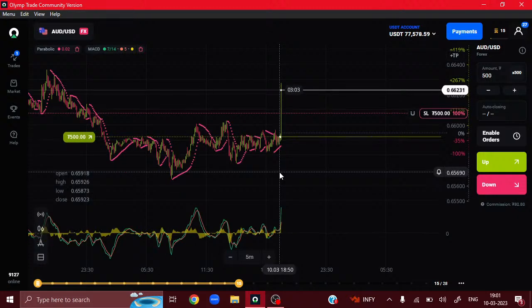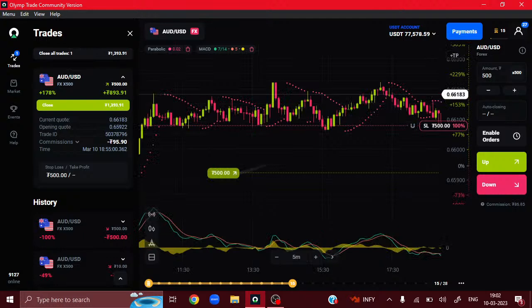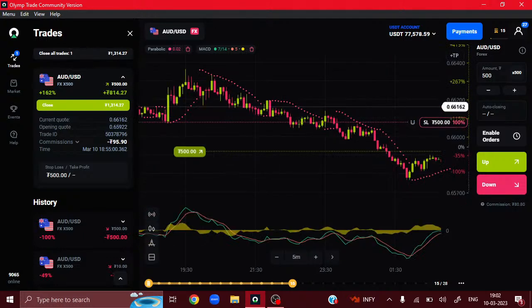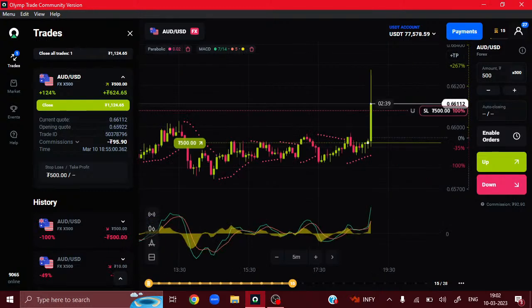Now we are in a situation where we will not be suffering any loss. The worst case scenario would be that we will not be suffering any loss. If the 100% stop loss is hit, then it will be a no profit, no loss situation.